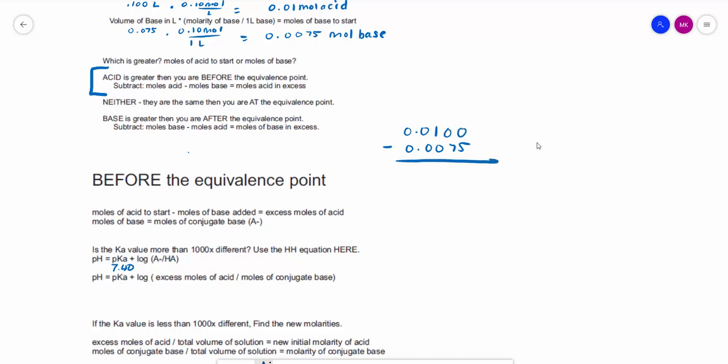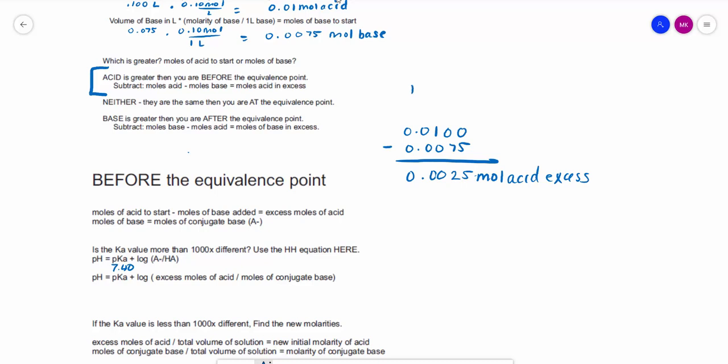It's accurate, but 0.075. I'm just trying to keep things as straightforward as possible. So we have 0.0025 moles of acid in excess. This is after the base has been consumed.